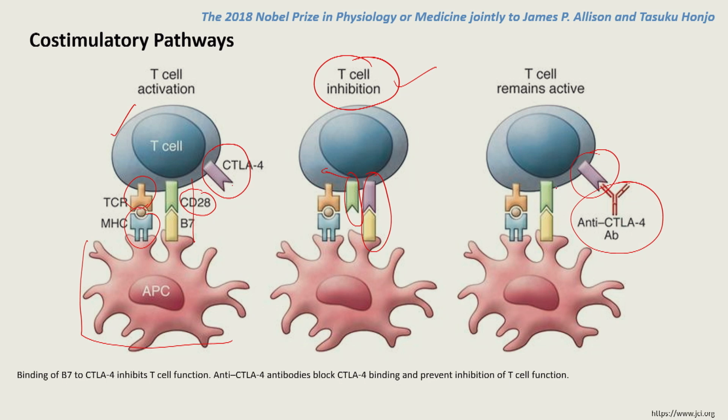Now CD28 can bind to the B7 molecule, and therefore this T cell remains active in doing its functionality, so that it can go and target the tumor cells. So this phenomenon of reactivating CD28 binding to B7 by blocking CTLA4 with an antibody is a promising therapy for cancer treatment.